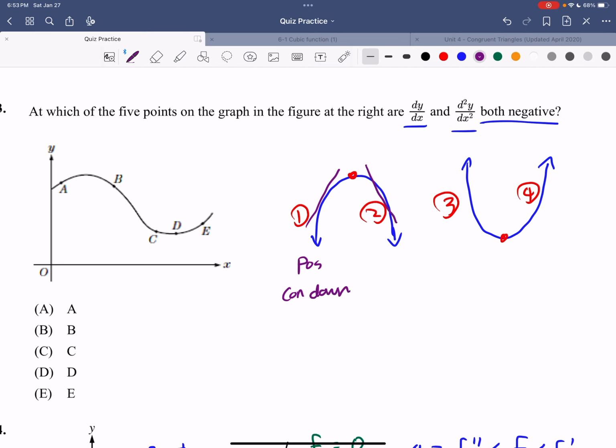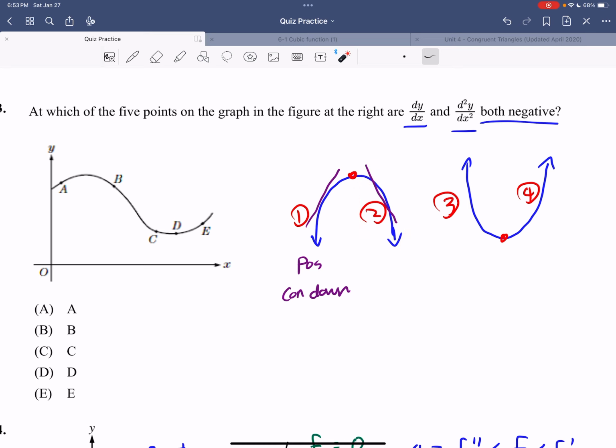And this is negative. This is decreasing, but concave down. This one is decreasing but concave up, and this one is increasing and concave up. And we want both negative, meaning decreasing and concave down. So you want something that is number 2.